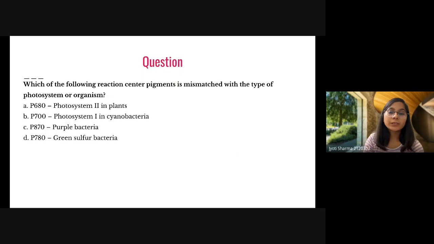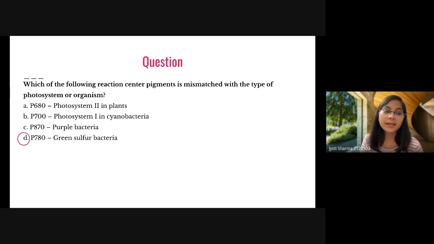Okay, coming to the next question. Which of the following reaction center pigments is mismatched with the type of photosystem or organism? You have 680, 700, 870, 780, and photosystem 2, photosystem 1, purple bacteria, green sulfur bacteria, and you need to find the mismatched pair.